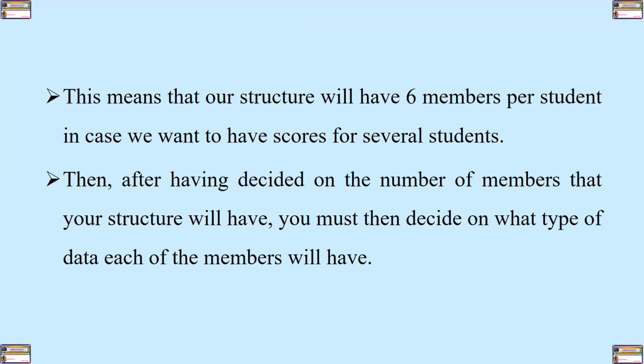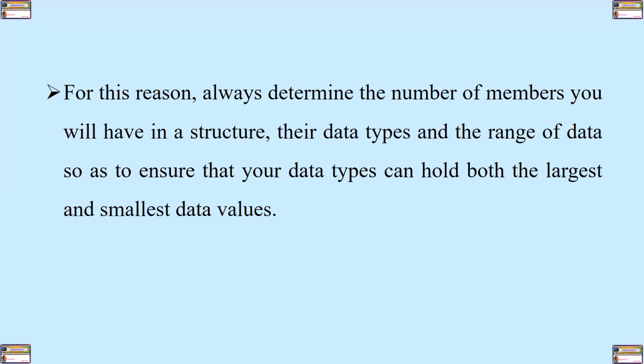Then, after having decided on the number of members that your structure will have, you must then decide on what type of data each of the members will have. For this reason, always determine the number of members you will have in your structure, their data types, and the range of data so as to ensure that your data types can hold both the largest and the smallest data values.